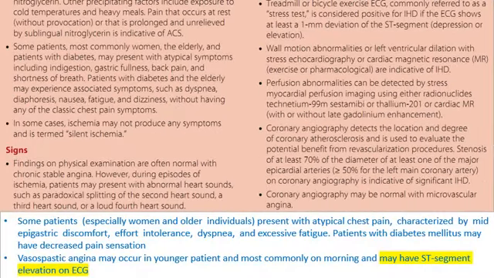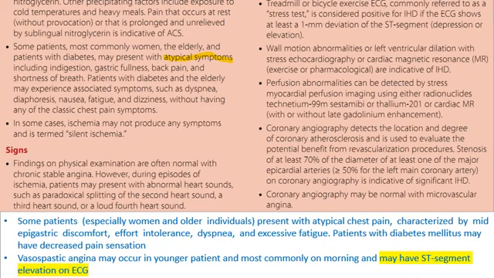The problem is that some patients, especially elderly patients, may describe pain in a different manner, or the symptoms may be considered atypical, not typical. The atypical pain may include indigestion, gastric fullness, back pain, and shortness of breath, especially with diabetes and in the elderly. Some diabetic patients, due to neuritis, cannot describe the pain in the substernal chest, but may have dyspnea, diaphoresis, fatigue, and nausea without a classic chest pain.